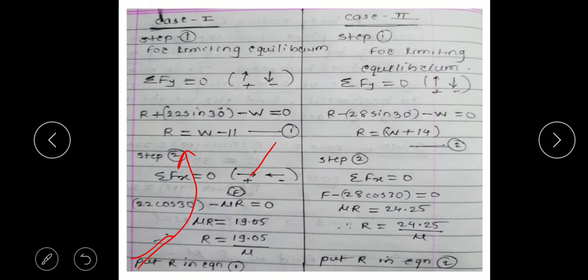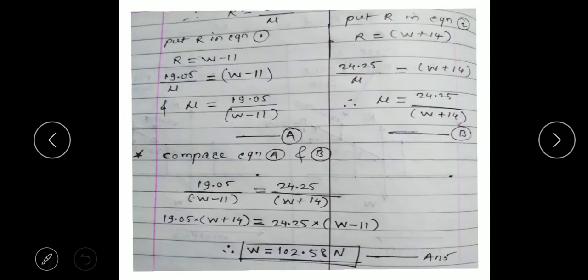Then instead of the R we will write 19.05 divided by mu, equal to W minus 11. This will be the final equation. This is put the R in equation. So equation 1 is R is equal to W minus 11.